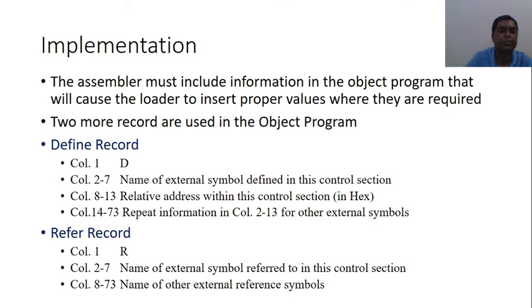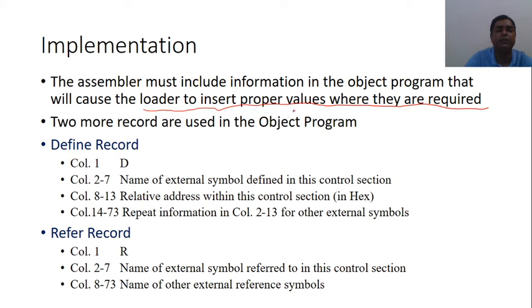Now, when we want to implement control section, the assembler must include information in the object program that will cause the loader to insert proper values where they are required.